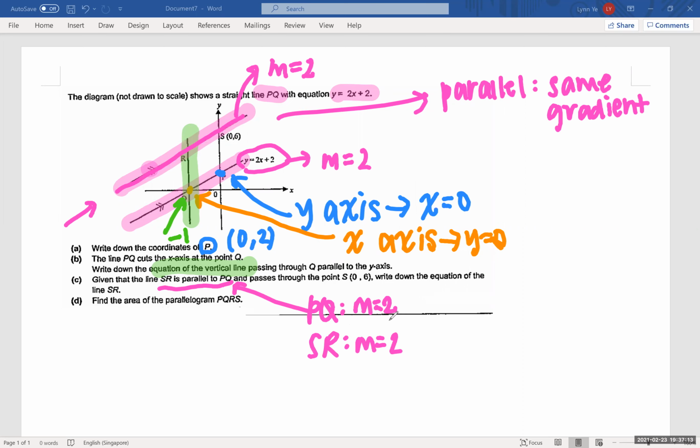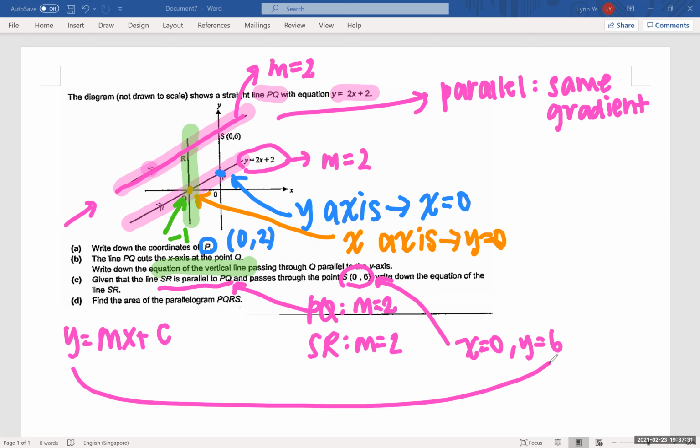So find the equation. So if I know that y is equal to mx plus c for my SR, whereby, because it says 0, 6, 0, 6 means that x is equal to 0 and y equal to 6, which I can sub into the equation too. So this y is 6, I can sub in, x is 0, I can sub in, and the gradient I can sub in to find my c.